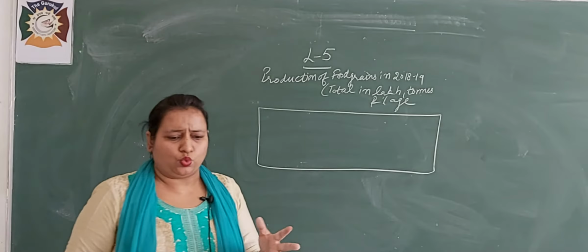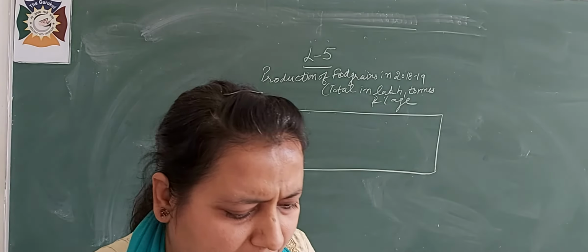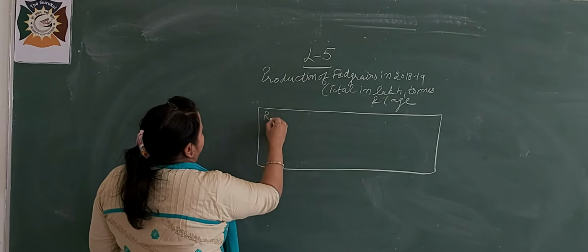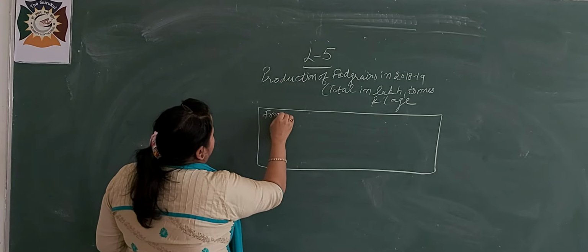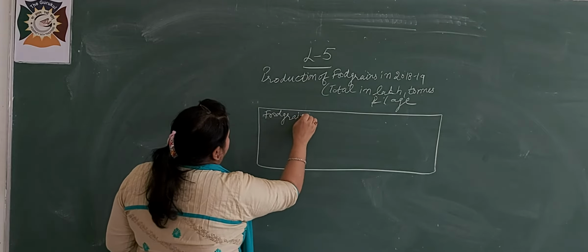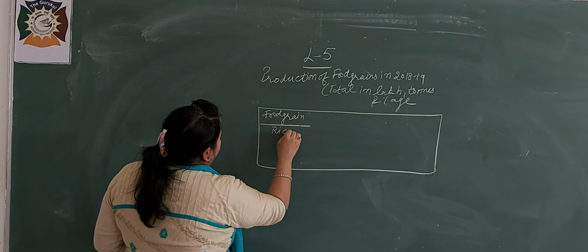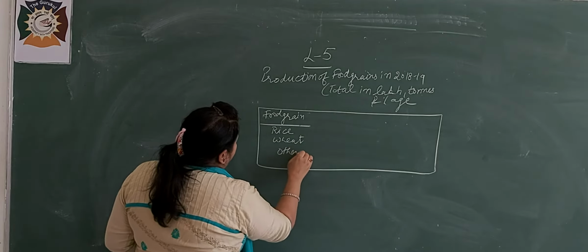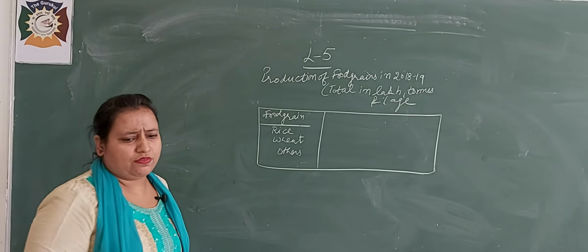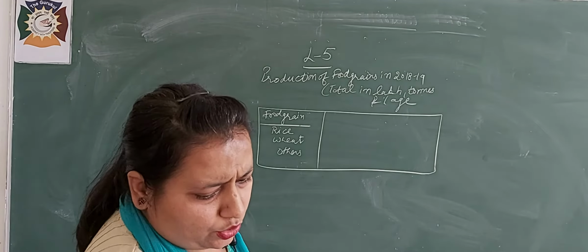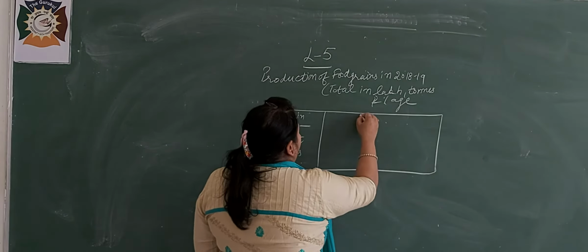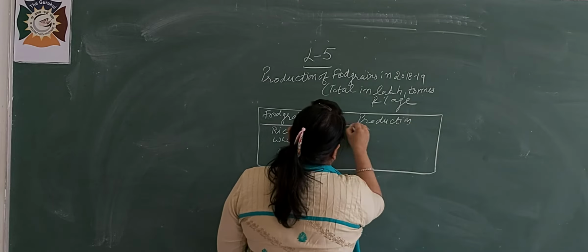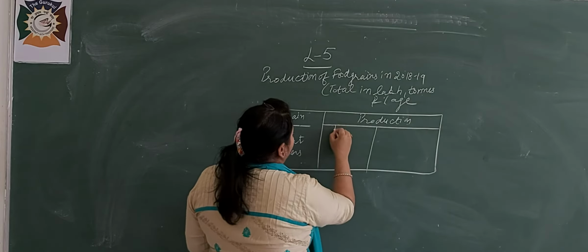After that, I am making it like this, and you have to recognize it. Food grains: I am taking rice, wheat and others. After that, I am taking production, total quantity.